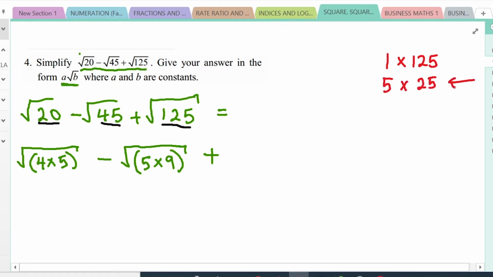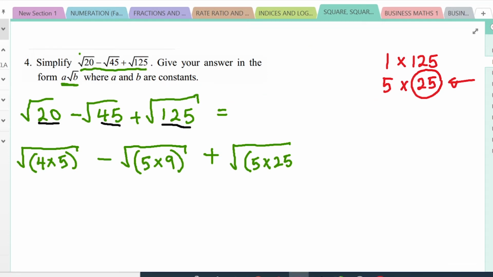So from here you realize that we have a number whose square root we can get, which is 25. So that's the one we shall use here. So this is going to become plus 5 times 25. So after splitting our numbers there, by making sure that we are pairing them up with a number whose square root we can get perfectly, then we can go ahead and start.